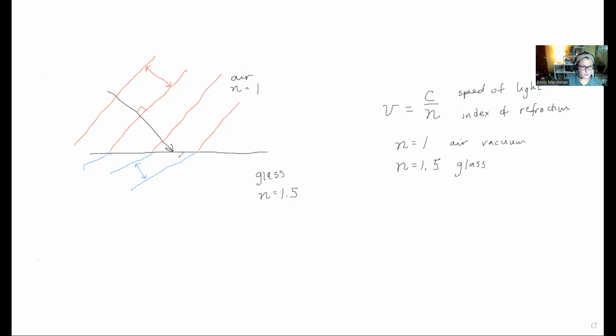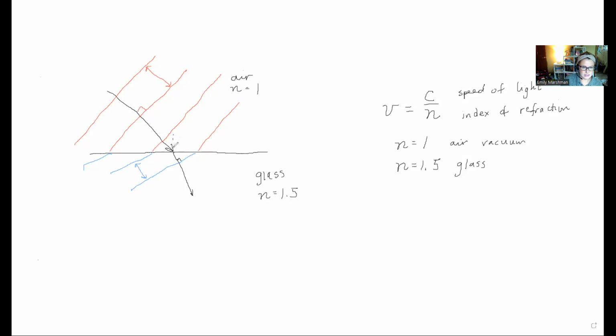And if I draw the ray perpendicular to these wave fronts down here in the glass, do you see that the light ray gets bent a little bit? And in fact, it gets bent closer towards the normal.